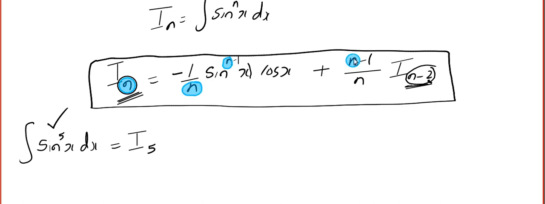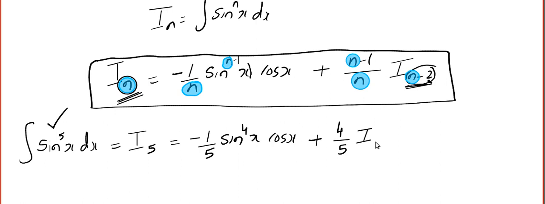I hope you're able to see that. So that gives me minus 1 by 5 sine to the power 5 minus 1, that will be 4, cos x, plus 5 minus 1, 4 by 5 I3, as expected, because we are jumping 2 steps at a time.